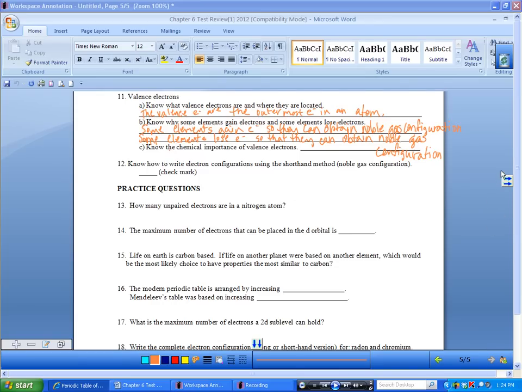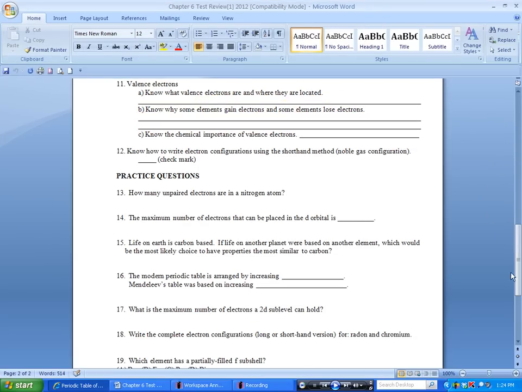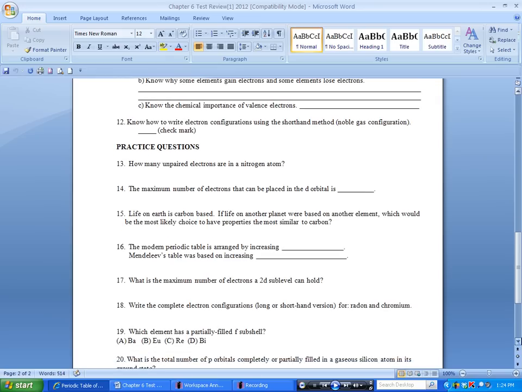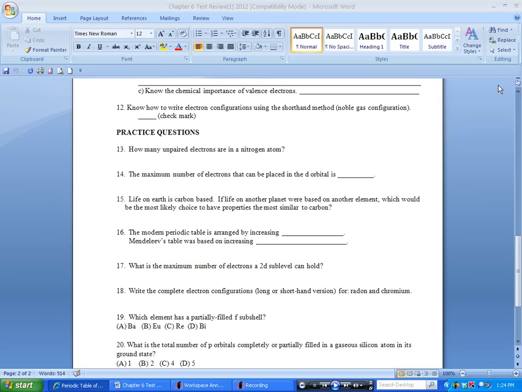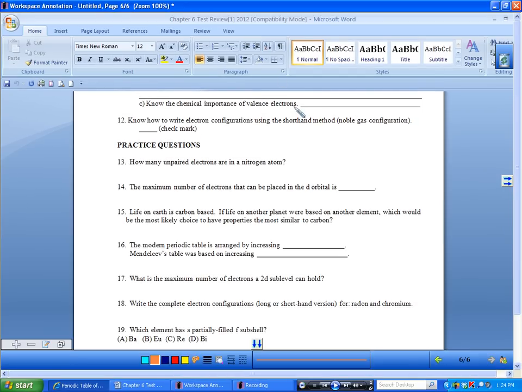All right, so I'm going to clear that and move on. Know the chemical importance of valence electrons.